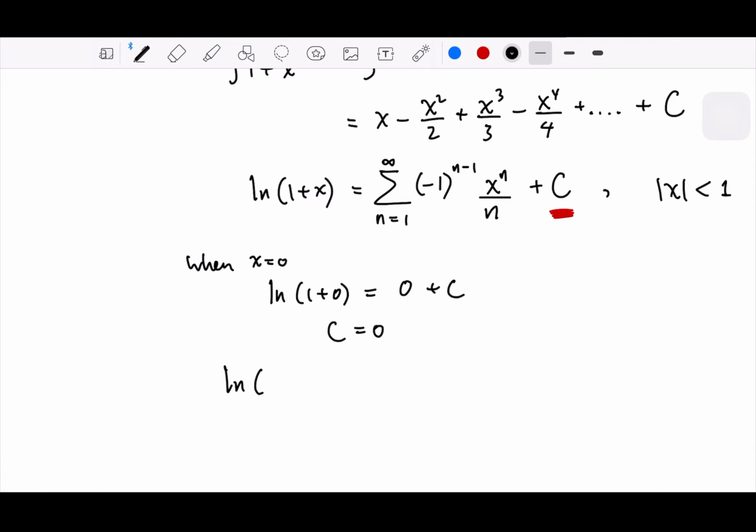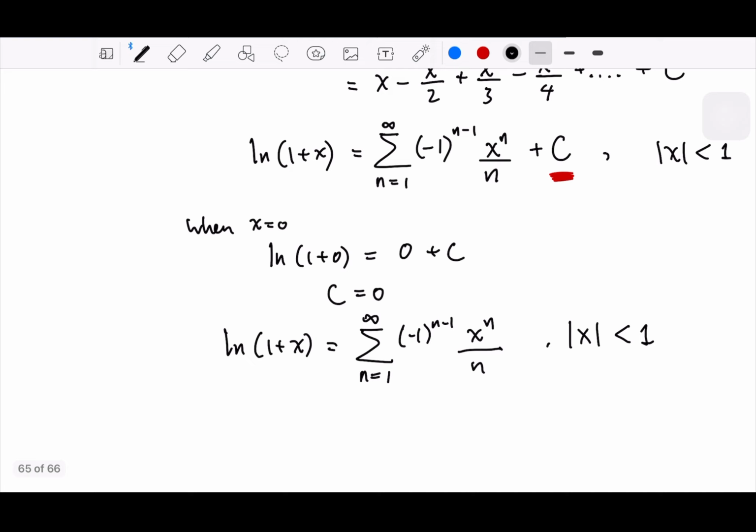This concludes that ln 1 plus x can be represented as a series where the absolute value of x is less than 1, and the radius of convergence is equal to 1.